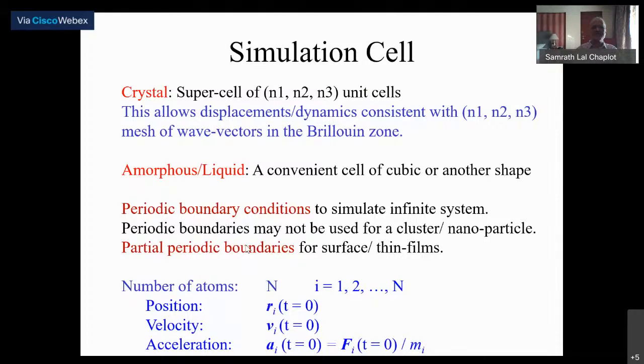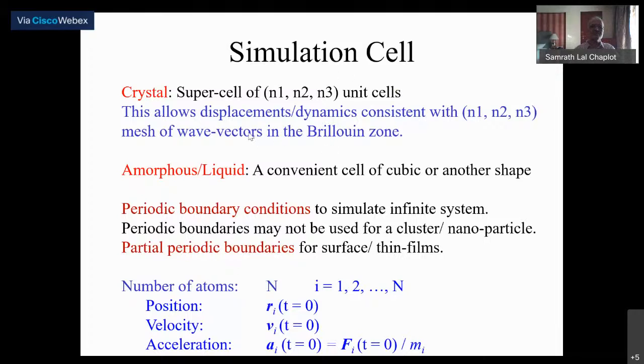And of course, even if I don't have periodic boundary conditions and I use a finite cluster, then depending on the size of that simulation cell, you can only form certain kinds of standing waves inside, and only those wave vectors will have meaning, or equivalently only that kind of dynamics is possible.